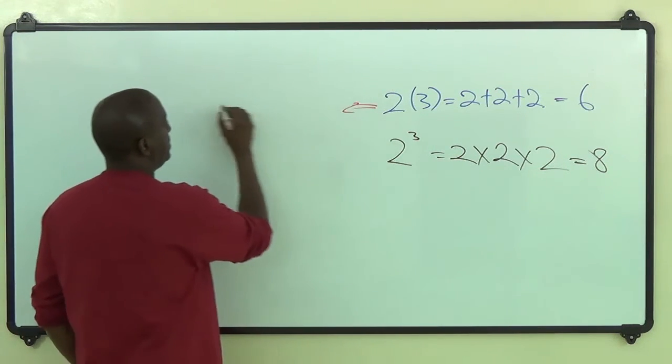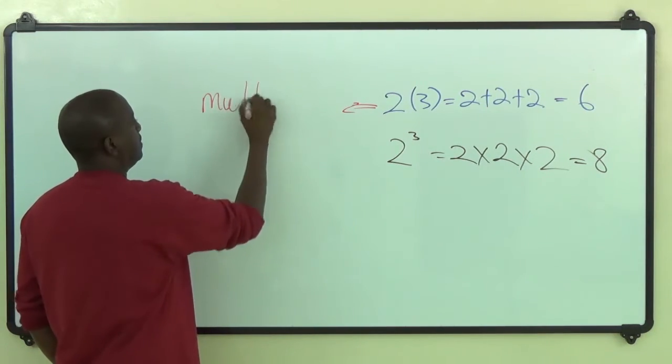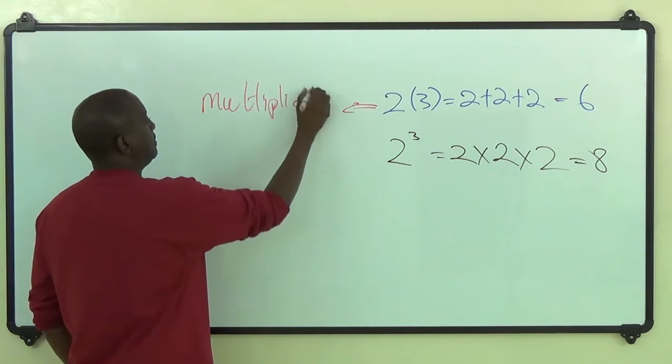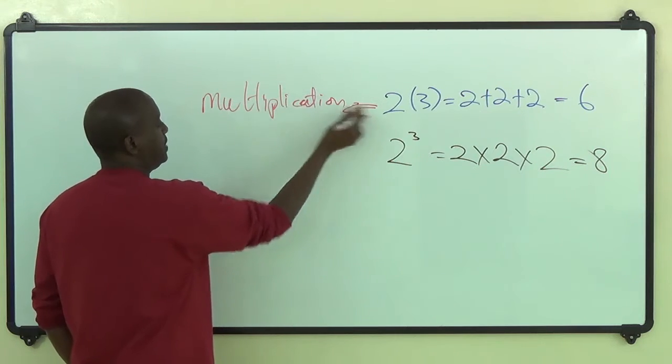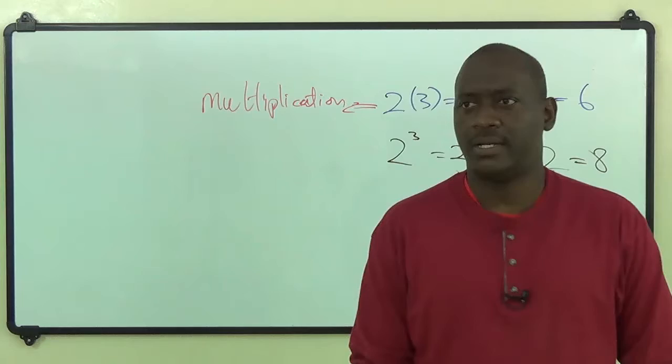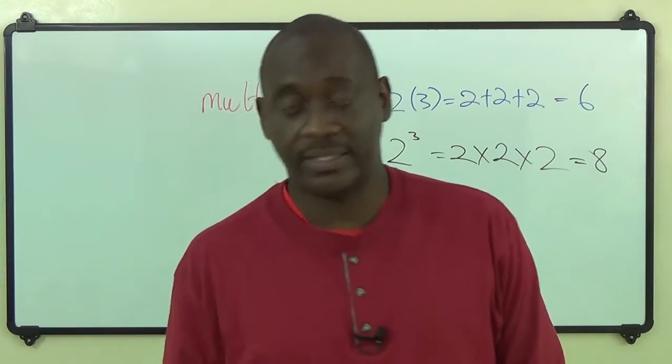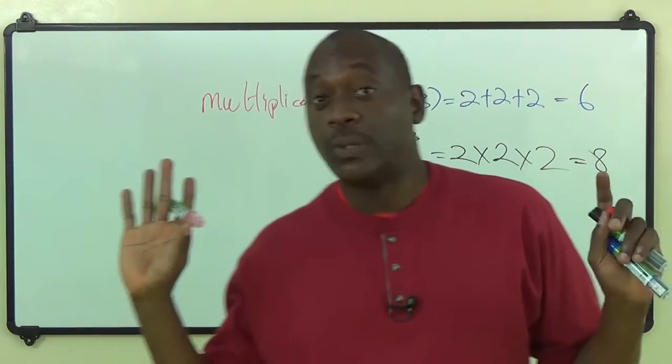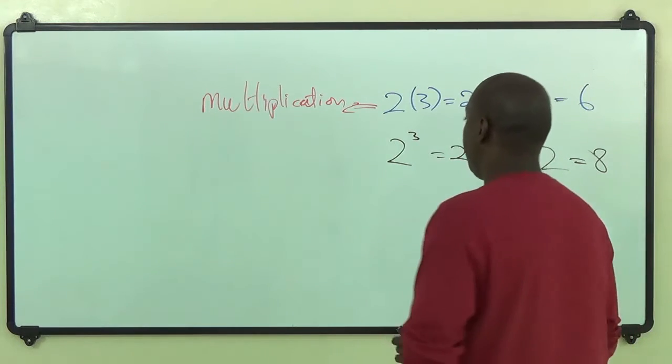This is what we learn as multiplication. We learn that as early as somewhere in primary school. I'm not sure which standard it is in, but we learn multiplication pretty early in the game.